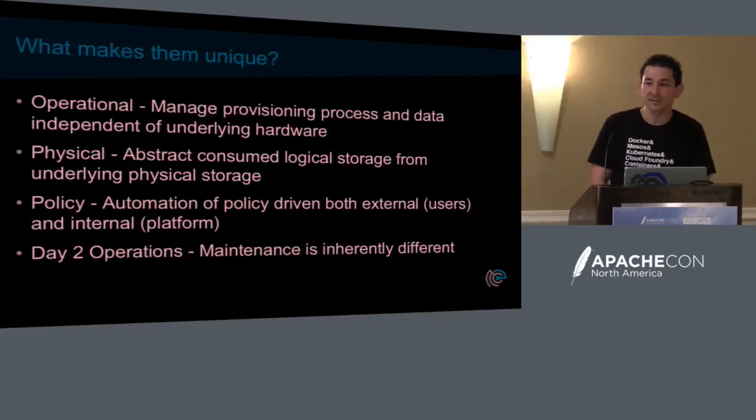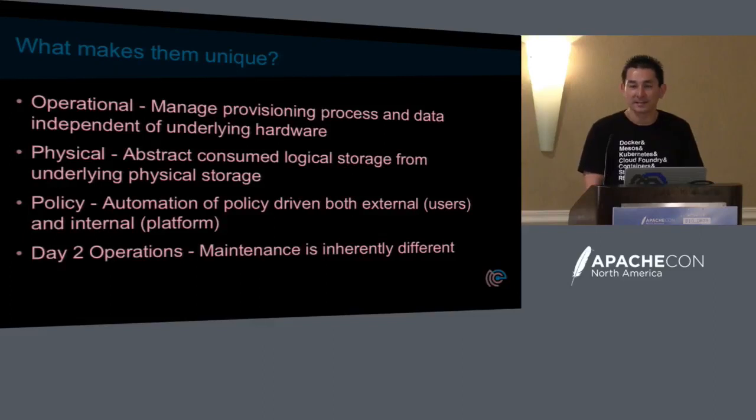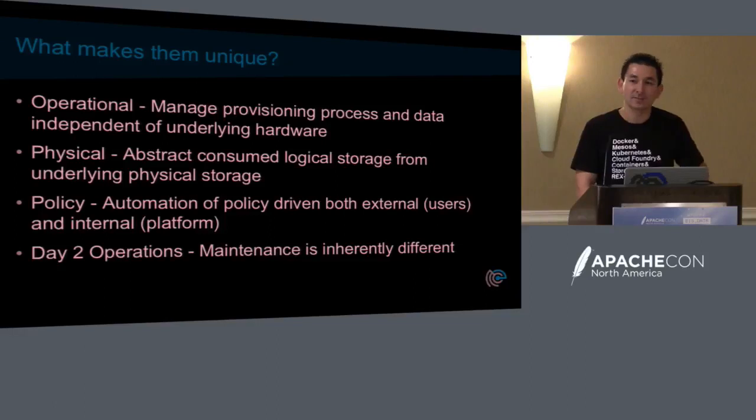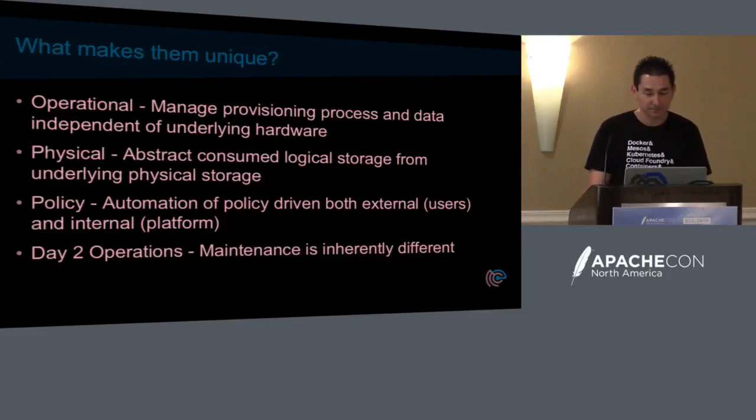If you have a host system with rotating disk underneath, through the CLI you can say create an NFS server to serve this up to some consumer, and that consumer would be an NFS client. There's also a physical abstraction layer. Instead of one rotating disk, you could have two rotating disks that form an LVM group, and you can serve that combined storage up to your NFS clients.